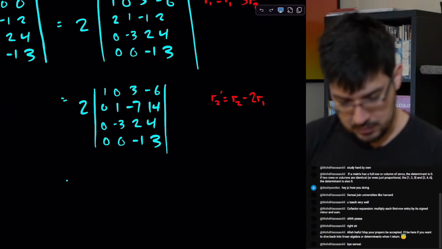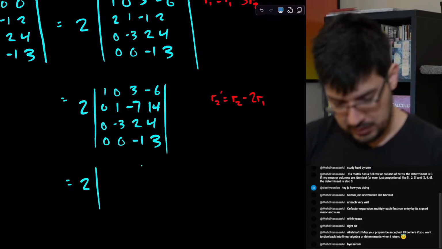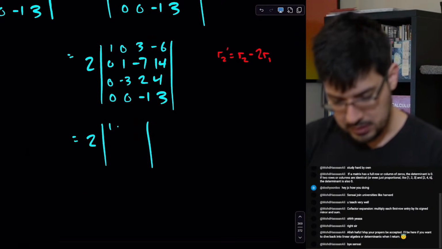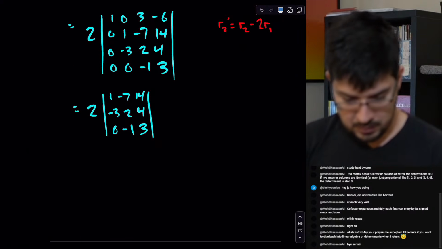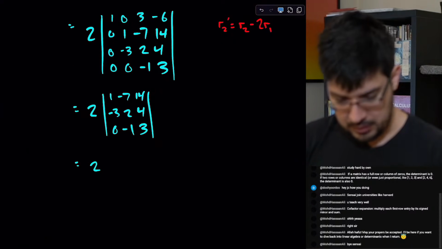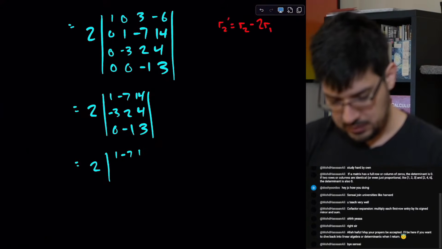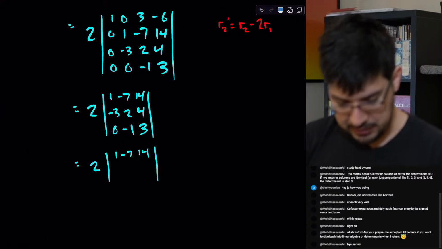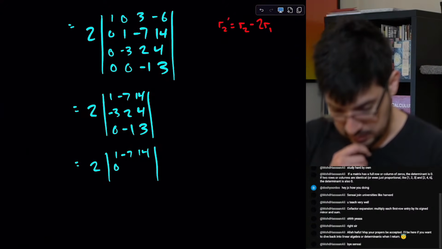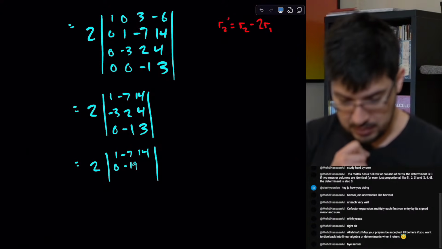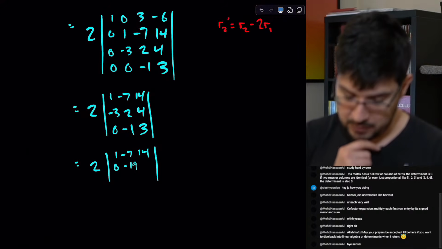So here we can do 2 times the determinant of 1, negative 7, 14, negative 3, 2, 4, 0, negative 1, 3, and 1, negative 7, 14, add 3 times the first row to the second, so negative 21 plus 2 is negative 19. 3 times 14 is 42.